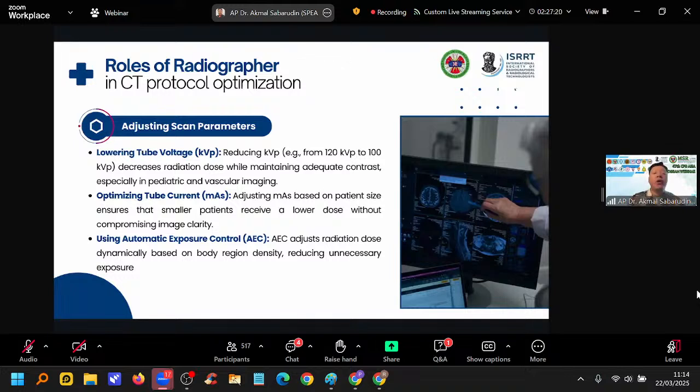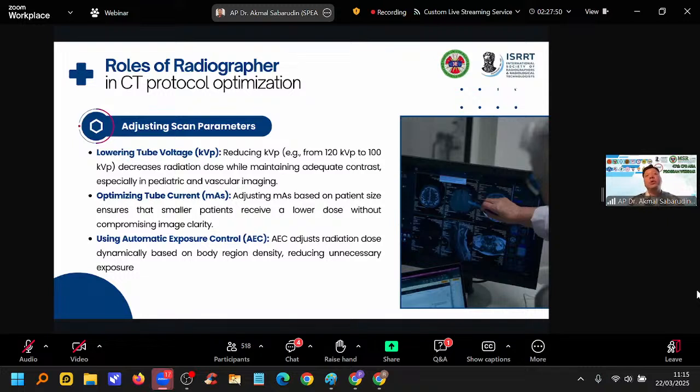Okay, and then adjusting scanning parameters, including optimizing tube current, mAs. So adjusting mAs based on patient size ensures that smaller patients receive a lower dose without compromising image clarity. I mean, there are a lot of tools, or methods, for how we can monitor this radiation dose, as mentioned by previous speakers.